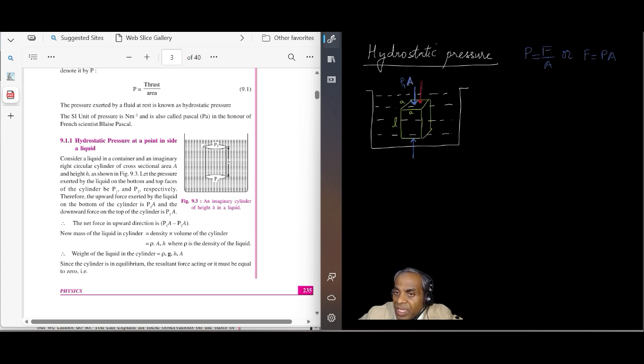We can say area 1, but here if we see it's a uniform three-dimensional object, so the top surface and bottom surface are the same. So let us say their area is, this is called cross-sectional area. So I will define it. A is the cross-sectional area of the solid. Imaginary solid.